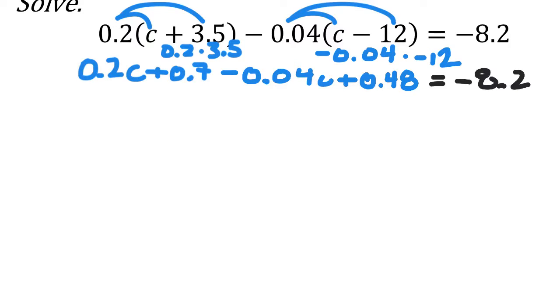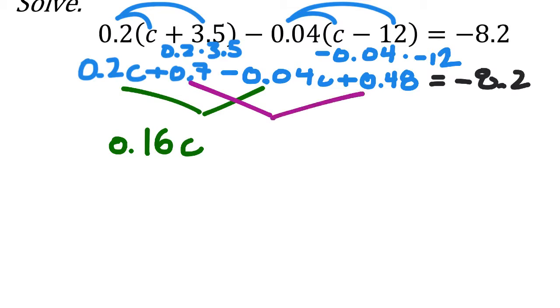Next, we'll simplify this by combining any like terms that we see on either side of the equal sign. So let's start with the left side, and I see I've got these c's. Now that's 0.2c minus 0.04c, which should come out as 0.16c. And then we've got just the constants, 0.7 plus 0.48.